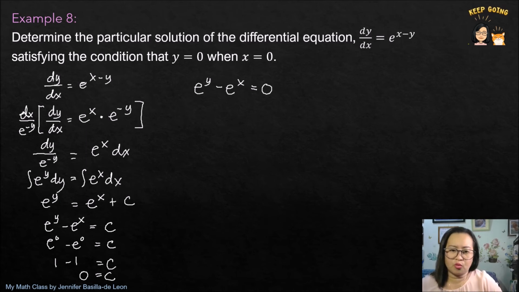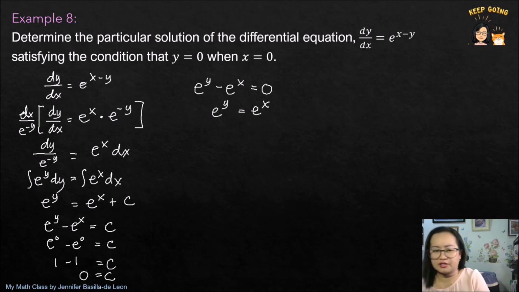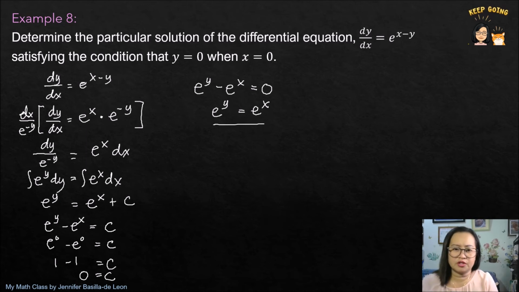Or we can also have e raised to y equals e raised to x. This is now the particular solution of the differential equation dy/dx equals e raised to x minus y when y is 0 and x equals 0.